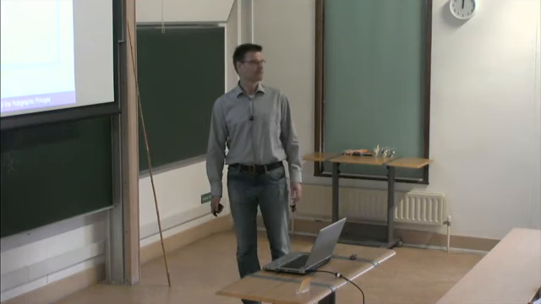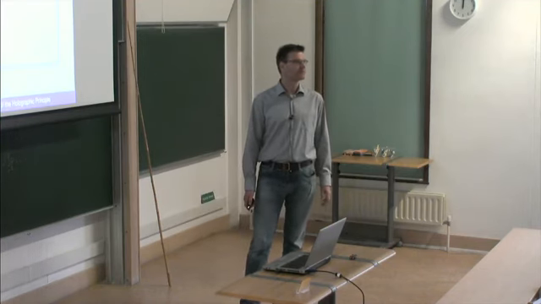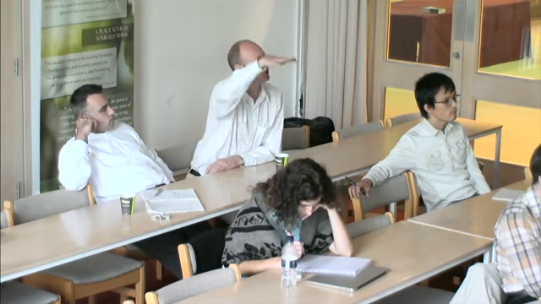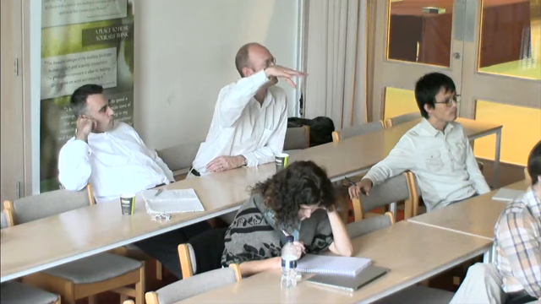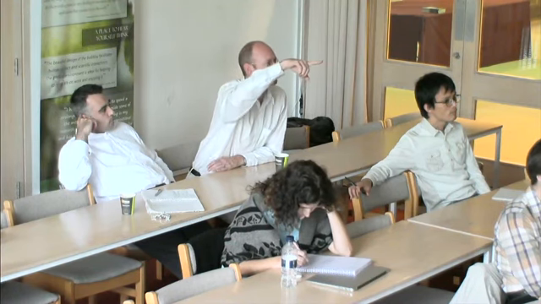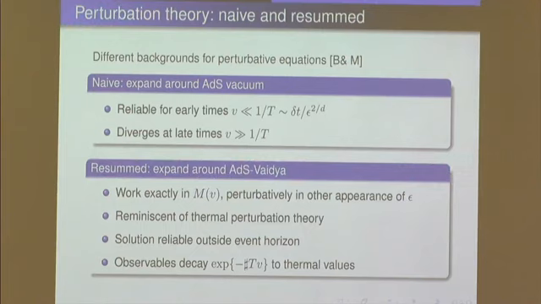Quasi-normal modes work when the energy in the quasi-normal mode is much less than the temperature. In fact, if you already start in a finite temperature solution, it has to be less than the initial temperature. Then the quasi-normal mode is very well defined as a perturbation around Schwarzschild. But here, if you start in a state where you don't have Schwarzschild to start with, any energy or any amplitude you put in whatever mode will give you trouble.